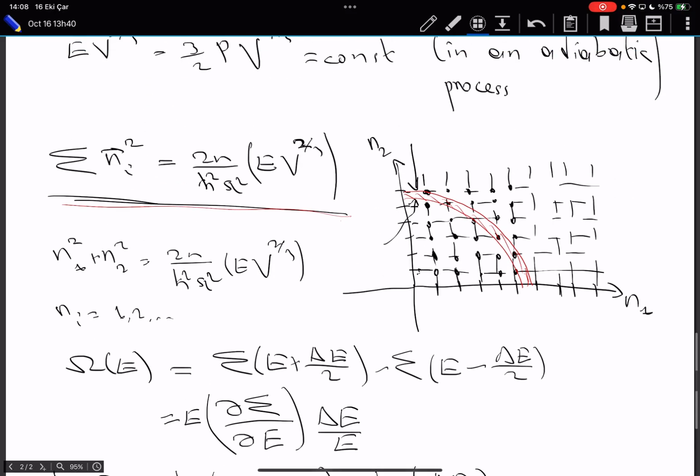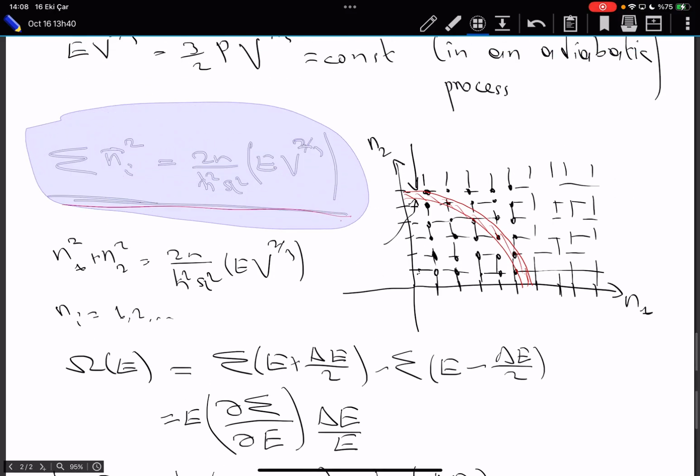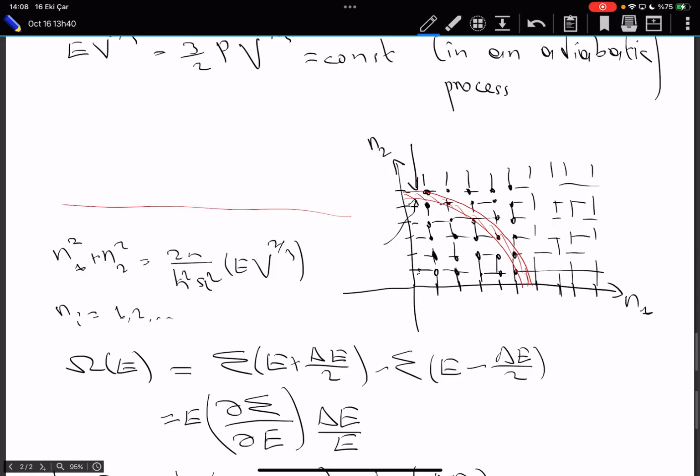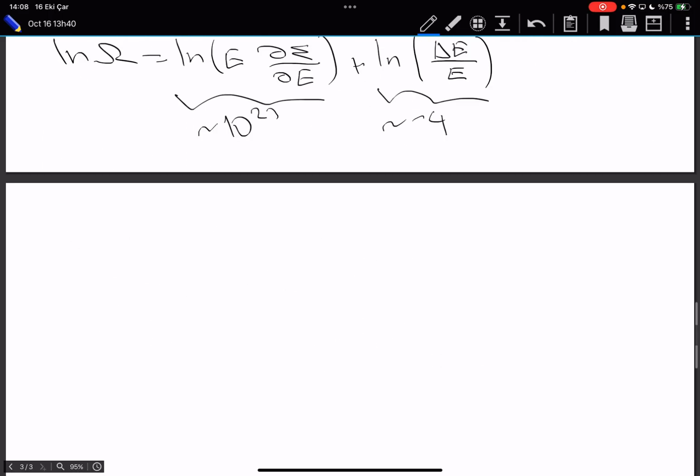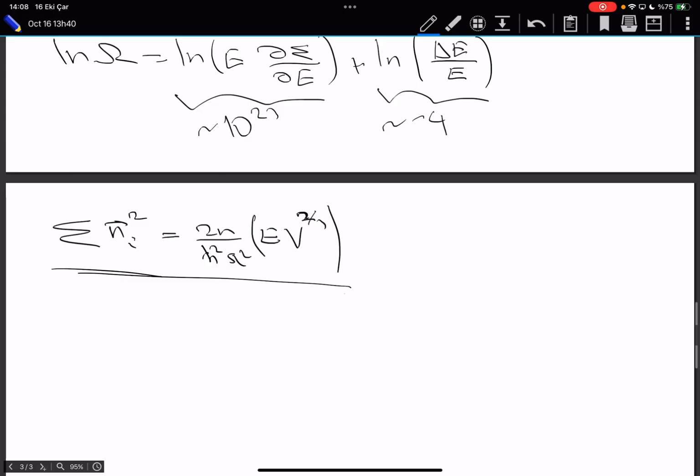Now let's go back to here. What I would like to calculate now is the number of states having energy, well, the number of microstates satisfying this inequality.